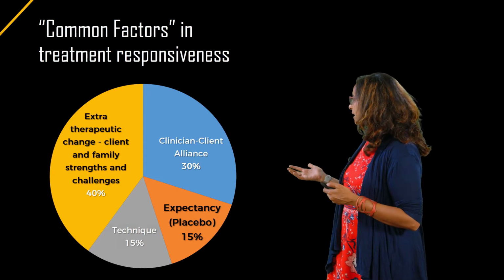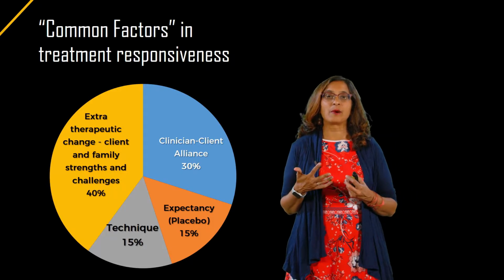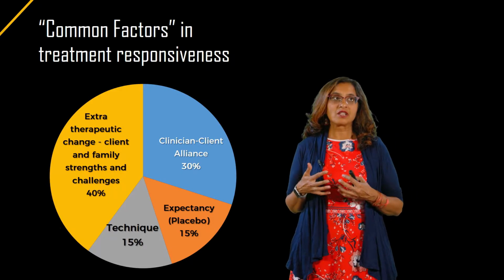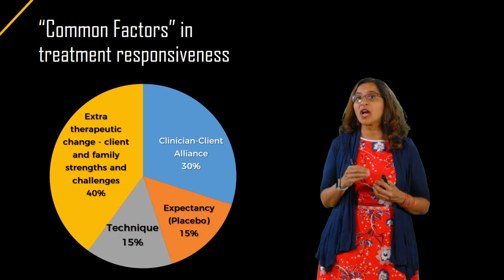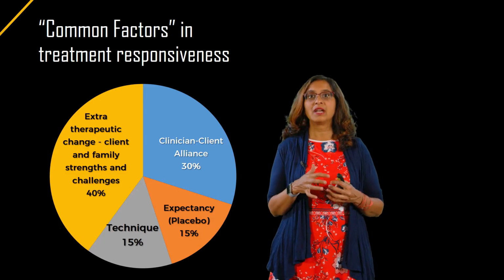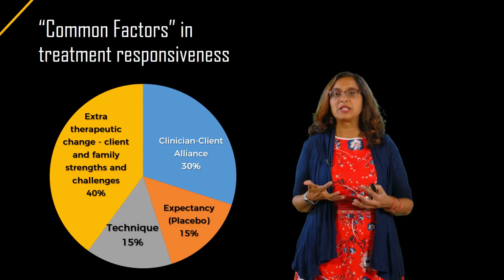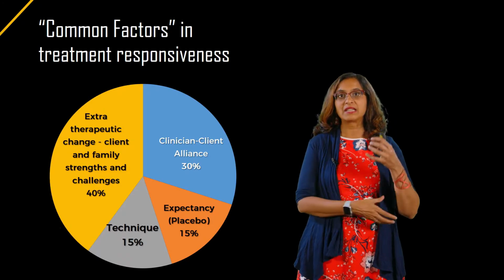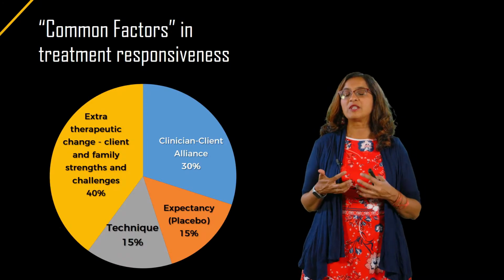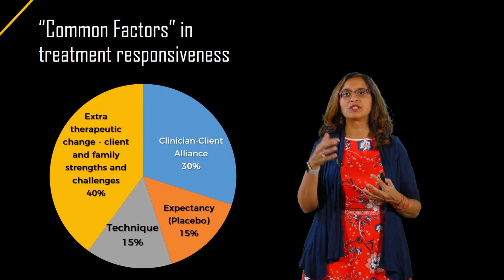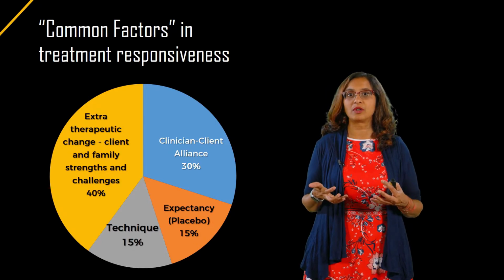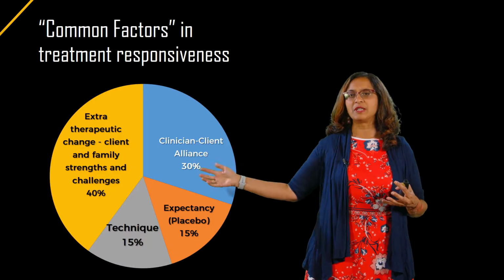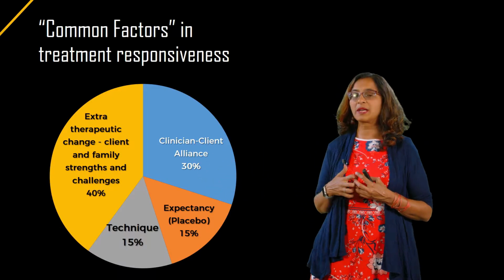The third is technique, which is about 15% of variance. So I want to make it clear here that I'm not saying the technique is not important. The technique we use in therapy needs to be evidence-based and needs to be the right technique for the client. In clinical education, we spend a lot of time teaching students how to build their technique, which is important, but it only accounts for 15% of the variance, as you can see on the pie chart.